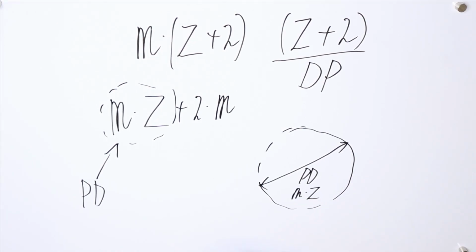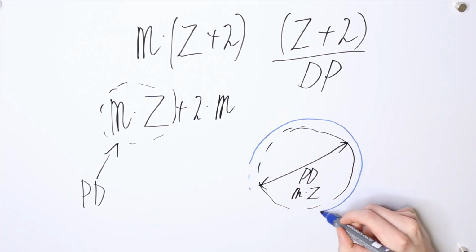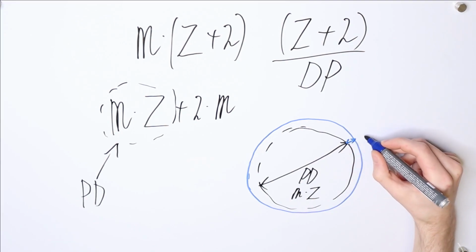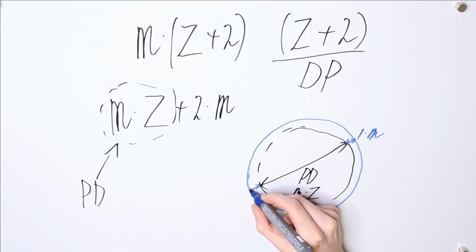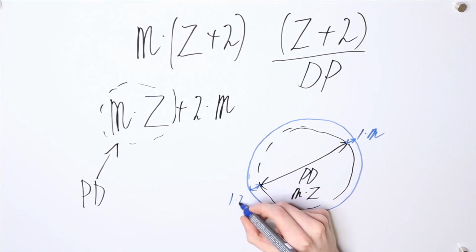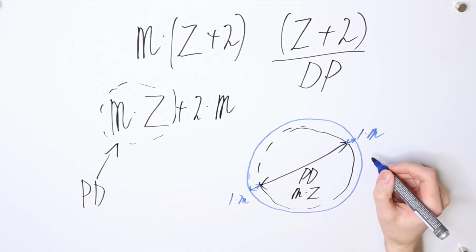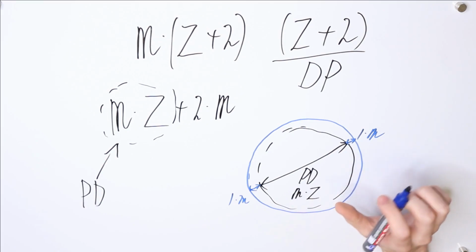And then the outer diameter lies around that, and that is simply 1 time the module on this end and 1 time the module on this end. And so you also see that if the module is larger, there is a larger difference between the pitch diameter and the outer diameter.